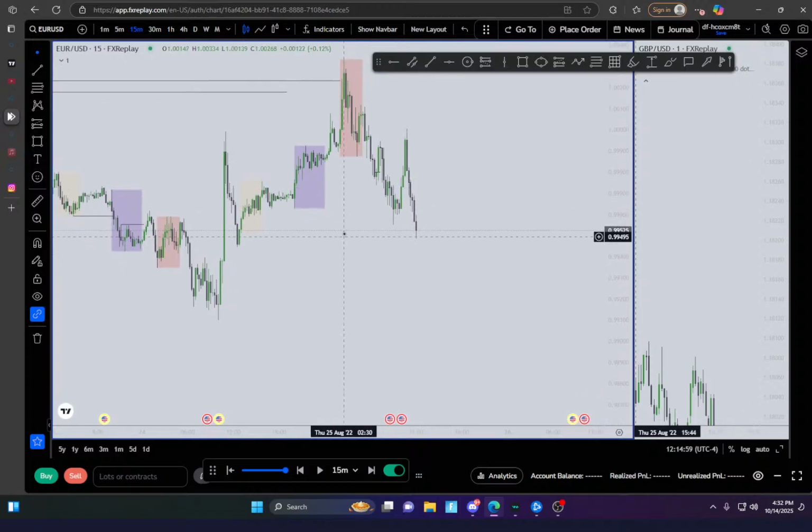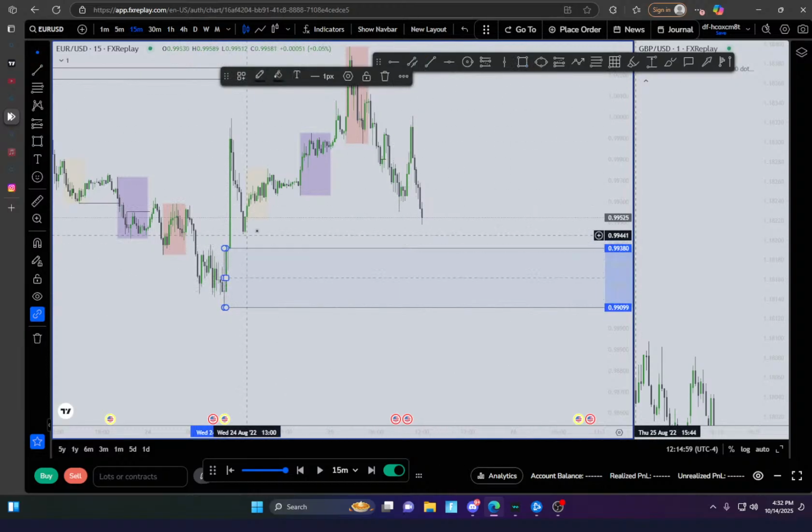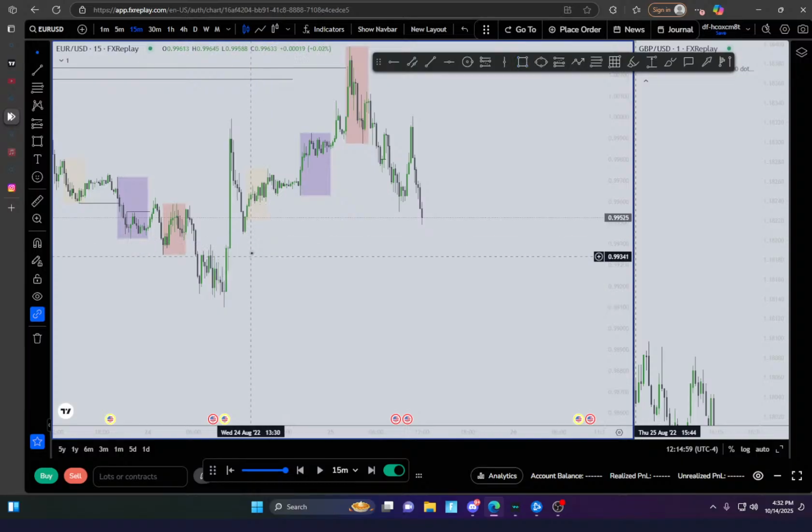Alright, well now we do have a lot of inefficiencies to fill. So this is a nice area right here, and also that is a lip point. Yeah, this is a lip point.